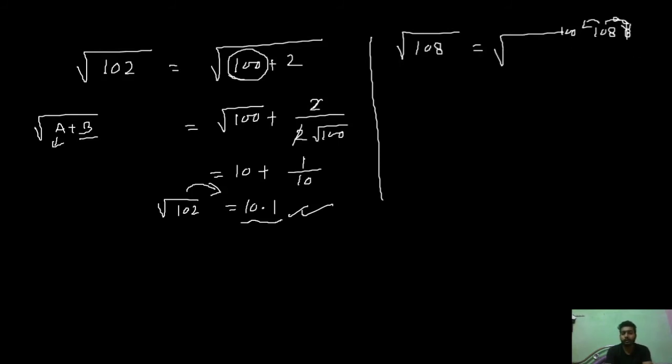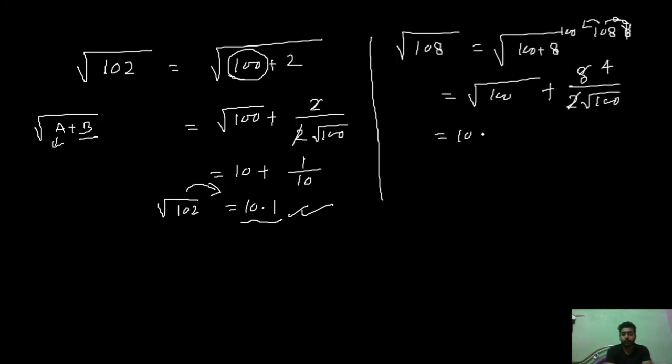So it can be written as 100 plus 8. So again we can apply this formula. The formula is as follows: root over of 100 plus 8 by 2 into root over of 100, that is 2 4s are 8.